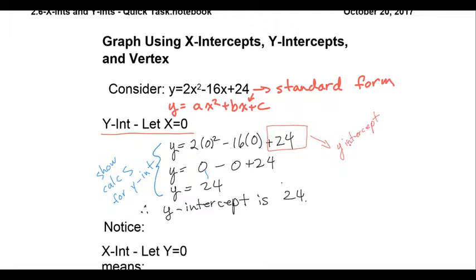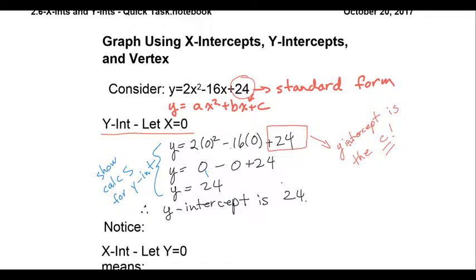I could have looked at my original equation and noticed that 24 was the last number, so the c value is 24, which means my y-intercept is the c value in y equals ax squared plus bx plus c. You can use that to quickly calculate the y-intercept. If I ask you to show the calculations, substitute x equals 0 and you get your answer.